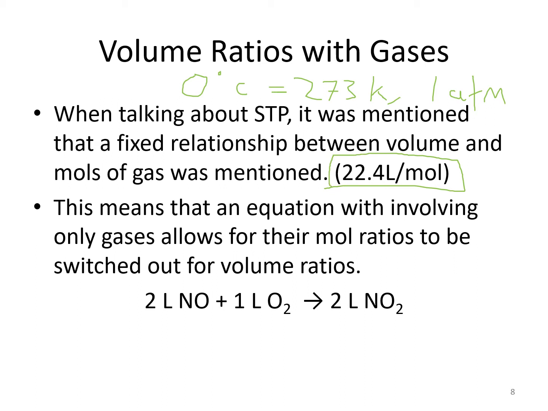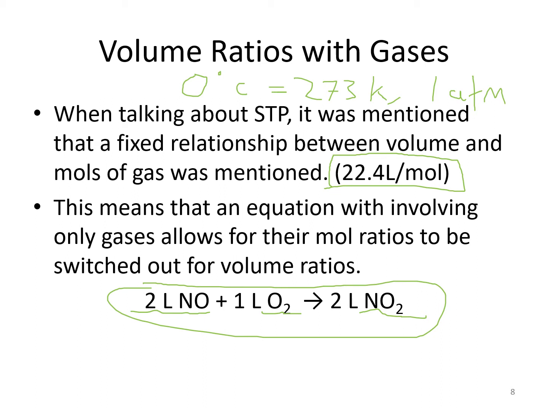And from there we sort of extrapolated out that it doesn't matter what the temperature or the pressure of our gas is, so long as all of our gases, here we have 3 different gases, the same gases from the previous slides, nitrogen monoxide, oxygen, and nitrogen dioxide, are exposed to the same temperature and pressure conditions, 1 mole of each gas will have the same volume, whether that volume is 22.4 liters at STP or a different number under a different set of conditions.